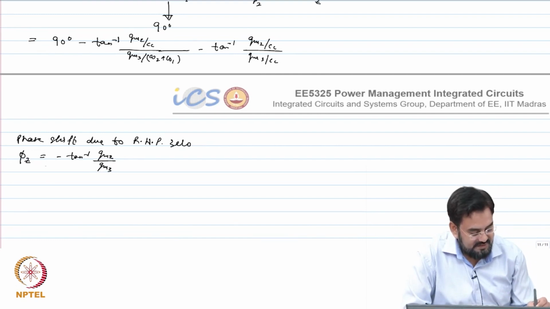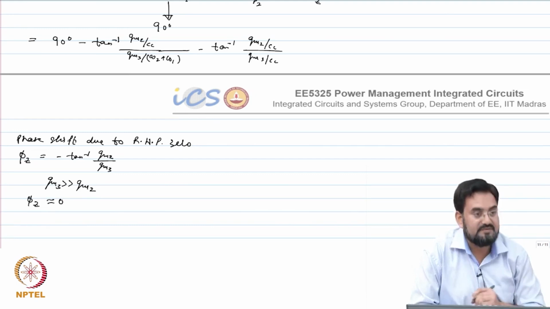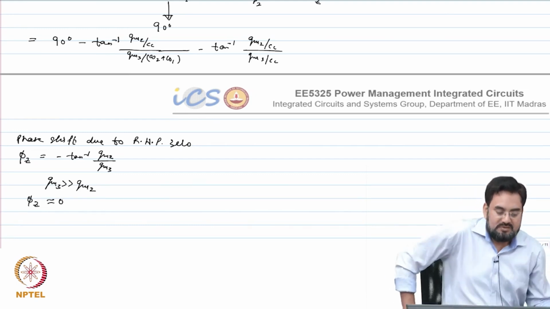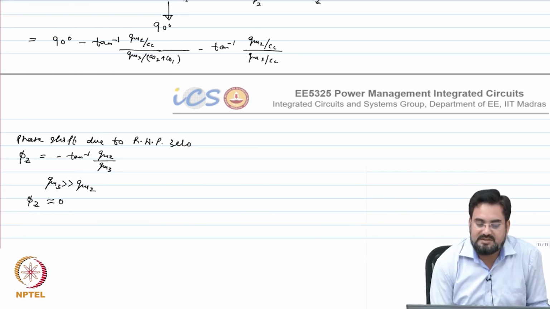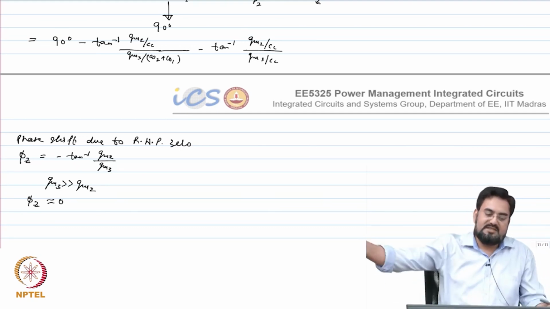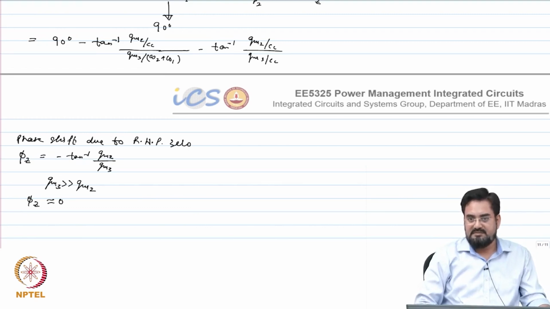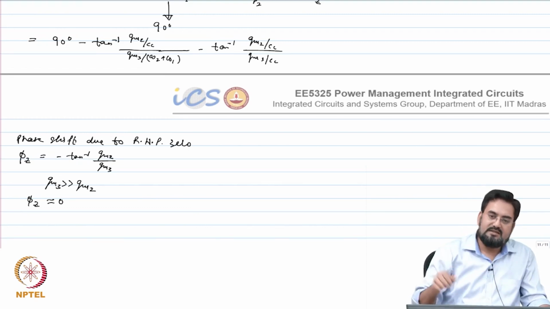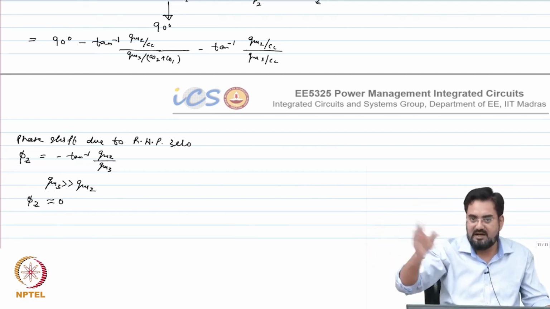So if GM3 is much larger than GM2, then phi z is 0. This is one way you can reduce the effect of your right half plane 0, by making sure your output stage GM is much larger than input stage GM. Then you can reduce the effect without doing anything actually. You do not need to put the series R and all those.